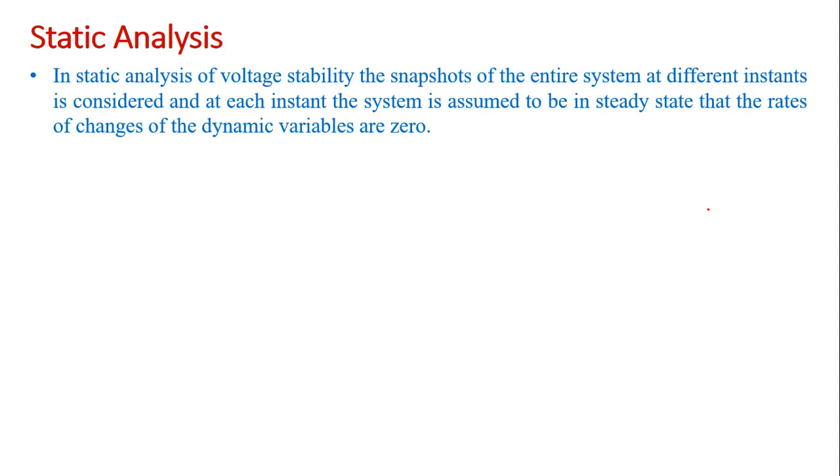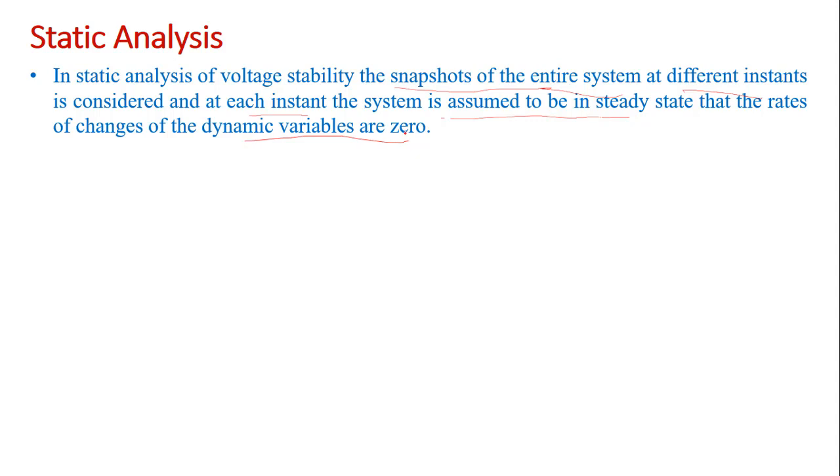In static analysis of voltage stability, the snapshots of the entire system at different instants are considered, and at each instant the system is assumed to be in steady state, that is, the rate of change of the dynamic variables is 0.